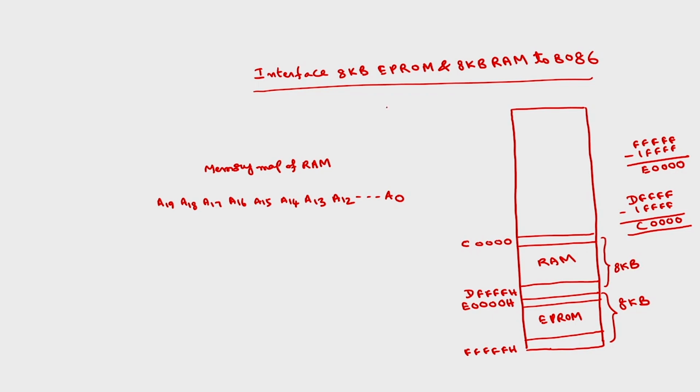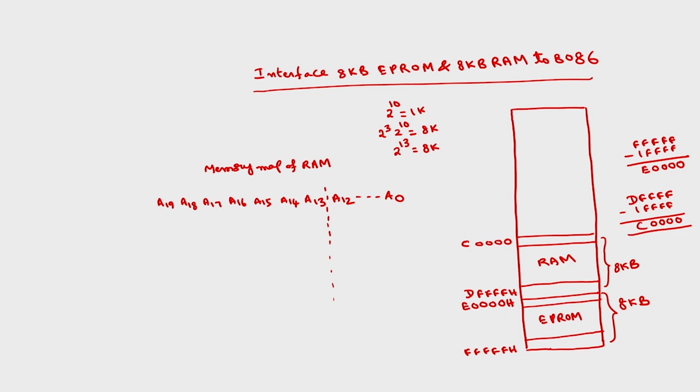We know that 2 raised to the power of 10 is 1 kilobyte, 1K. If you want 8K, you multiply both sides by 8, which is 2 cubed. 2 cubed into 2 to the power of 10 is 8K. So in total we have 13 address lines for 8K memory, A0 to A12. These are the address lines of the microprocessor that have to be connected to the 8 kilobytes of memory. Memory will have some address lines depending upon its capacity. For 8K memory there will be 13 address lines. So I am going to connect A0 to A12 to the corresponding address lines of the memory.